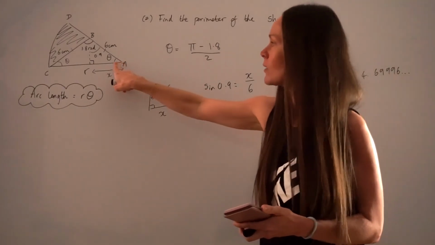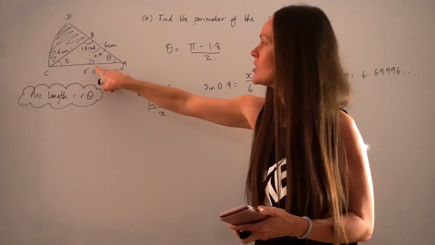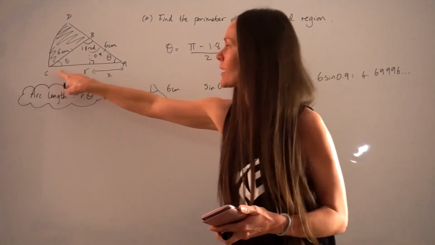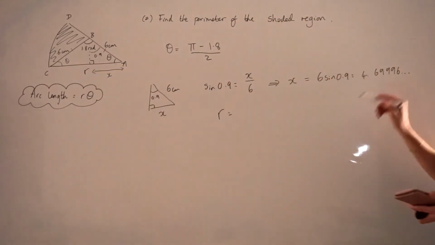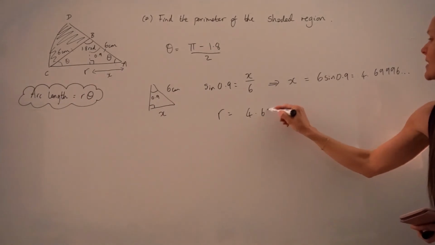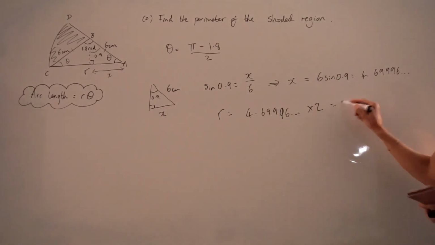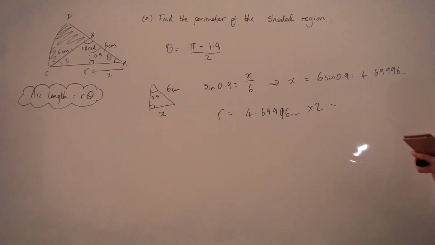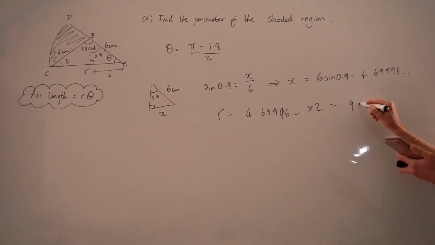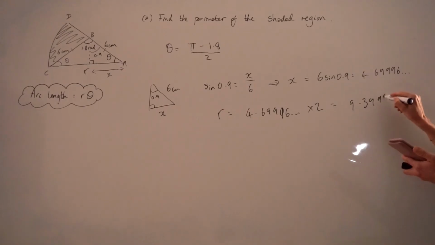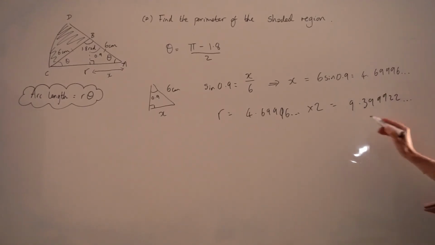We only worked out half of the radius here, so now we're timesing it by 2 to work out the entire length. So with your answer 4.699996 and so on, you're going to times by 2, and that gives you 9.39992 and so on. Okay, so this is the radius of the sector.